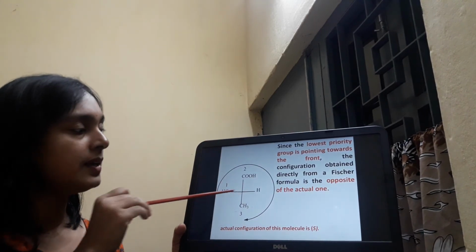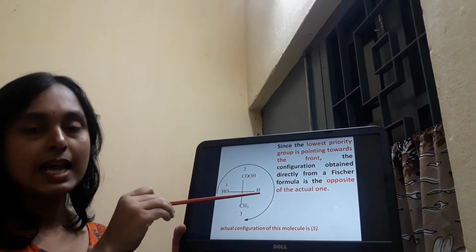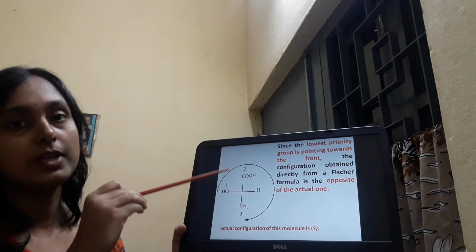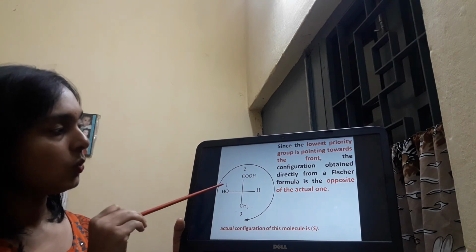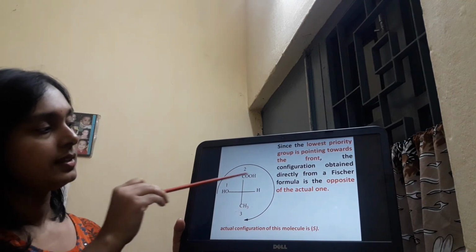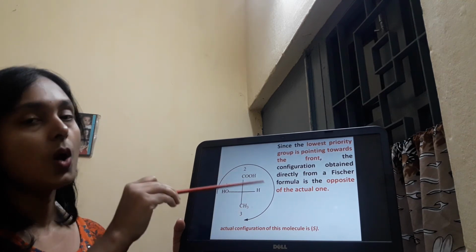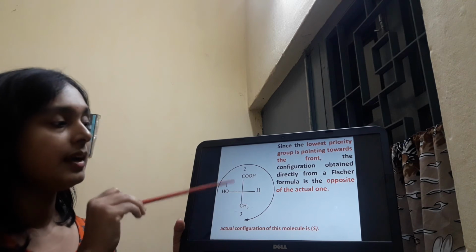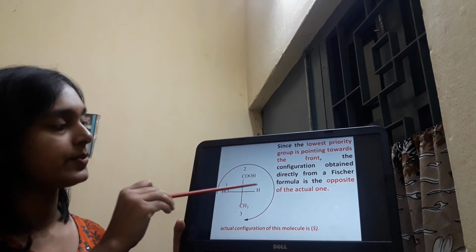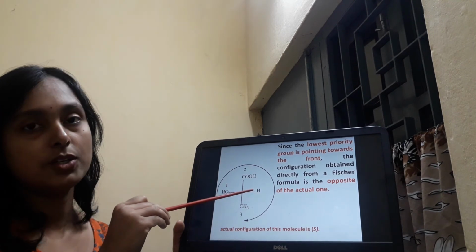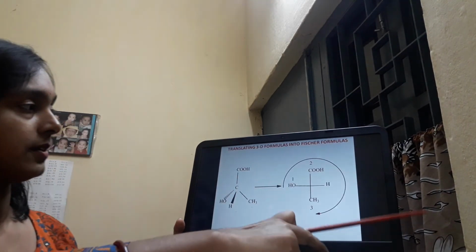So if the lowest priority group is on the horizontal line, then the actual configuration will be opposite of whatever you calculate. So here 1, 2, 3, the rotation is clockwise, so it will be R, but as the hydrogen is on the horizontal line at the right hand side, the actual configuration will be S configuration.